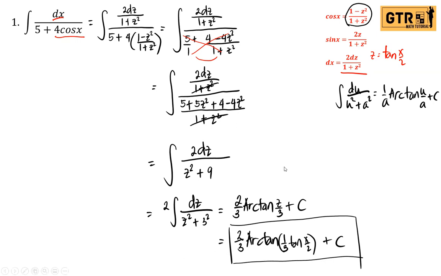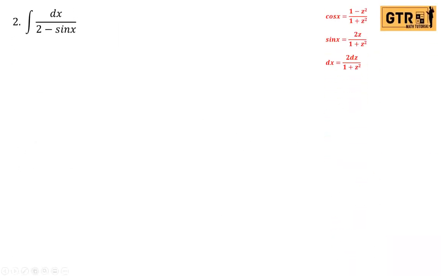Okay, so next, number 2. Number 2, integral of dx over 2 minus sine x. Okay, so we use the substitution for dx, that is equal to 2dz over 1 plus z squared.